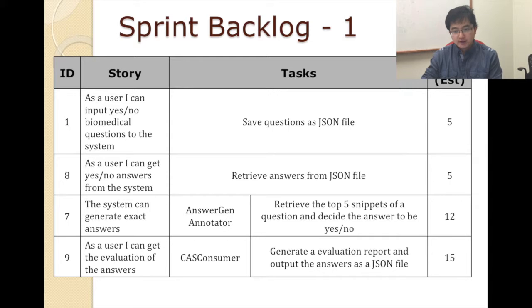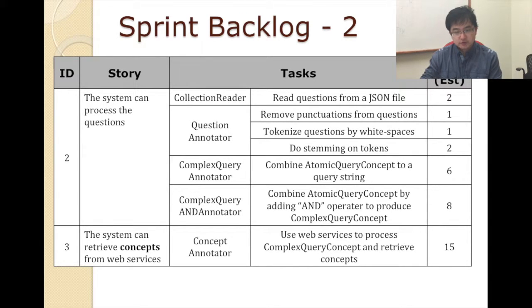For another example, the system process question, we divide this task into 4 different detailed tasks, like the collection reader, the question annotator, and so on. And we divide the 4 different tasks among different team members to help improve the efficiency of our work.